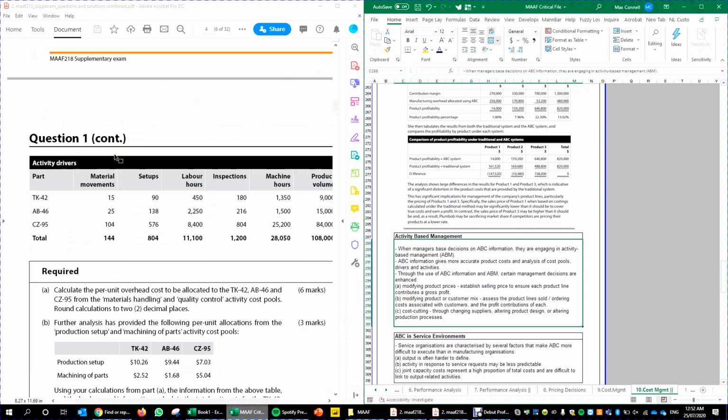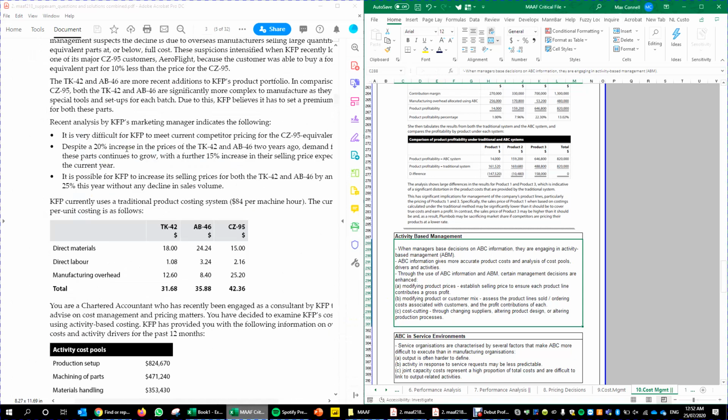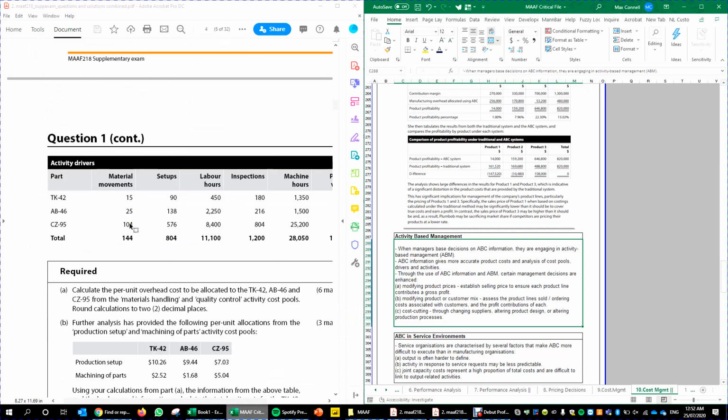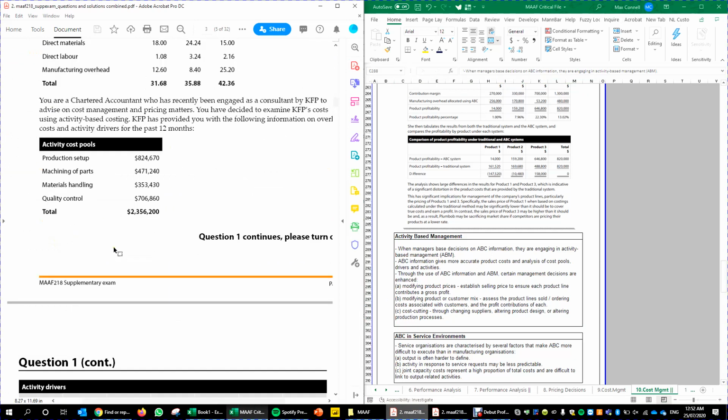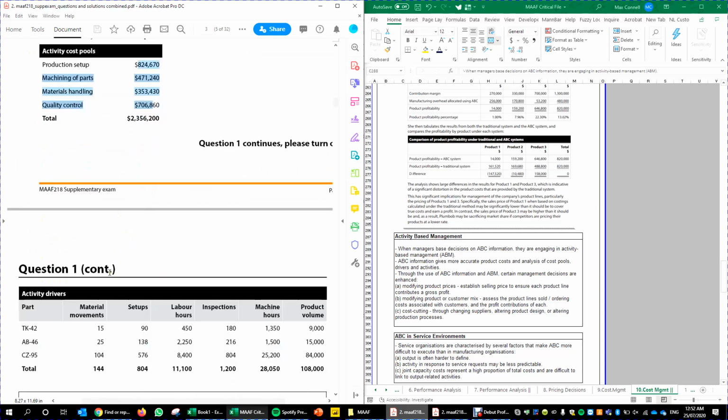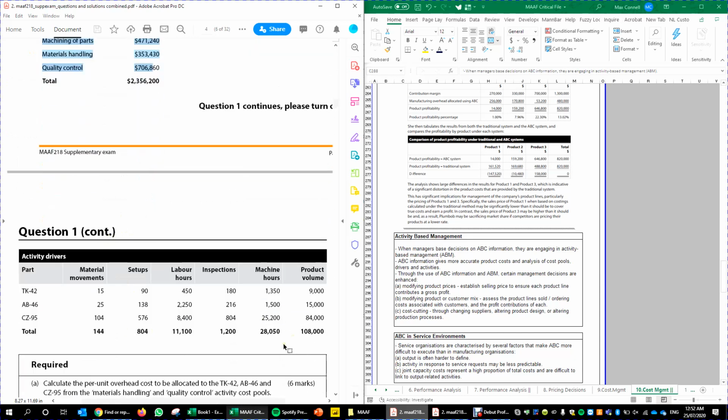So let's have a look at the variables that we use to determine ABC, which are down here. So as you can see, there's probably a few outliers. So these were used in activity-based costing to allocate these costs, right? So for example, let's look for ones that are outliers. For example, material movements.